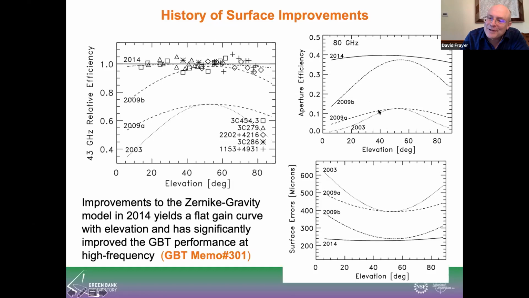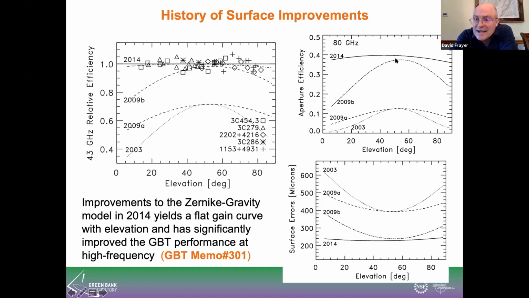In 2003, you really couldn't use the telescope; it had an aperture efficiency of under 10%, a few percent basically, unless you're at the optimal rigging angle of the telescope, where it peaks at 50 degrees elevation. Then in 2009A, they improved things a little bit, but the big jump came when they fixed the actuators.